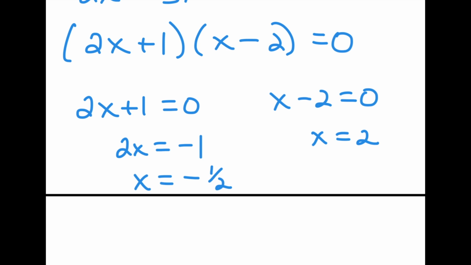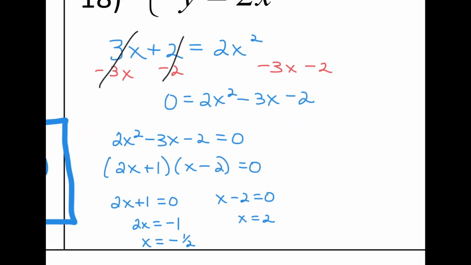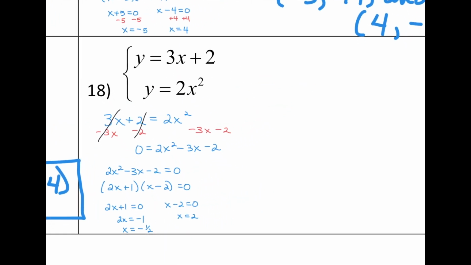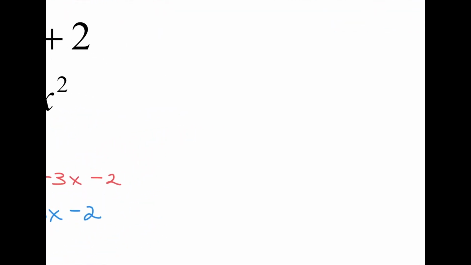Now I'm going to pick the linear equation to substitute into. You should get the same y values whether you choose the equation that I choose or you choose the other equation. And I'm going to choose the 3x plus 2 and substitute into that y equals 3x plus 2.